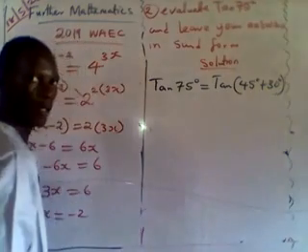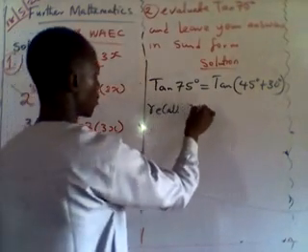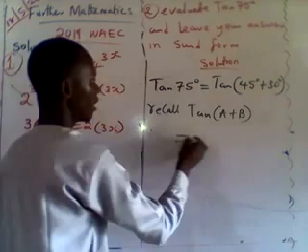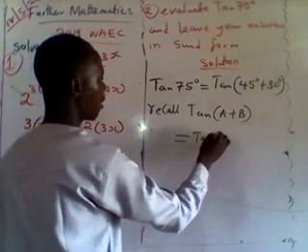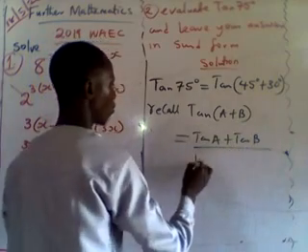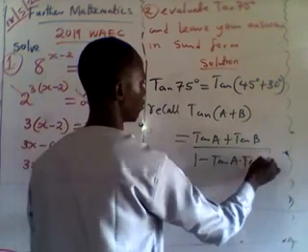That is that. And of course, you should remember that tan, open the bracket, a plus b is the same thing as tan a plus tan b, all over 1 minus tan a tan b.